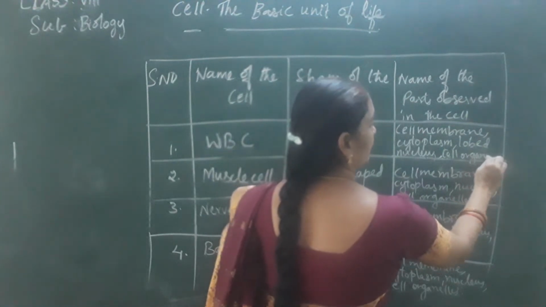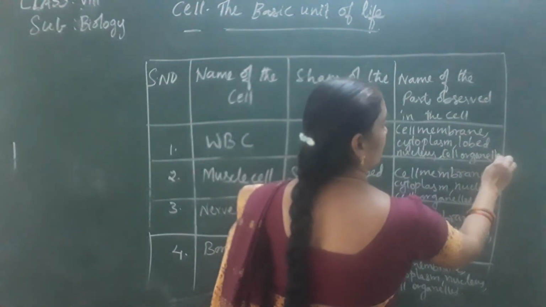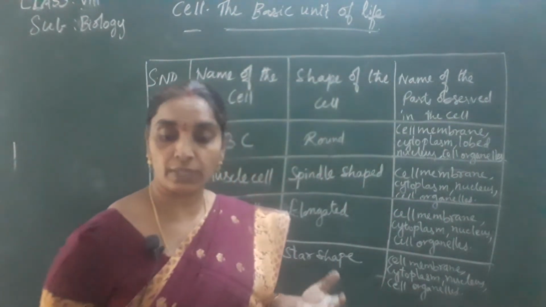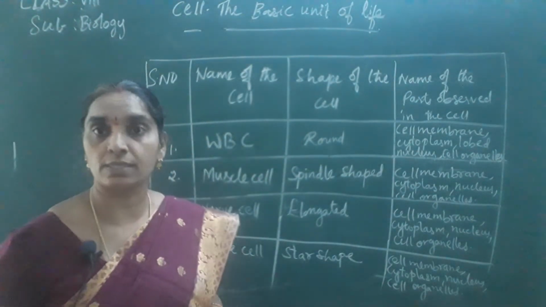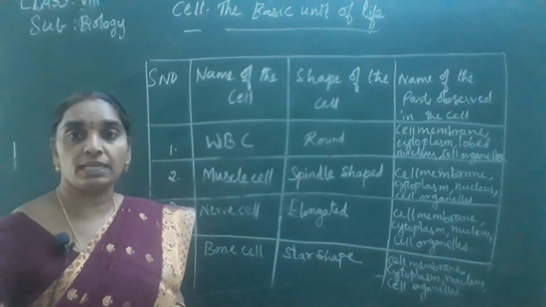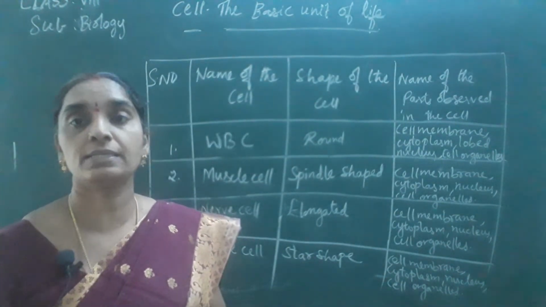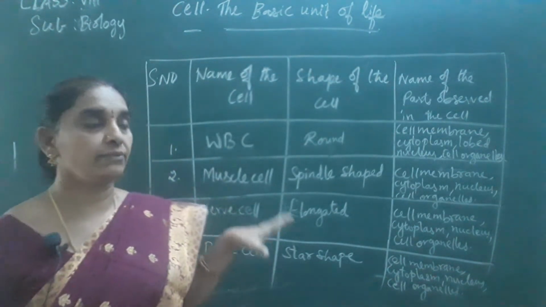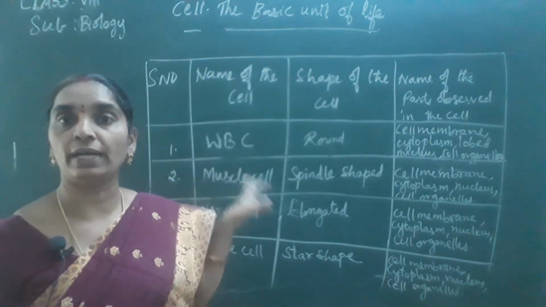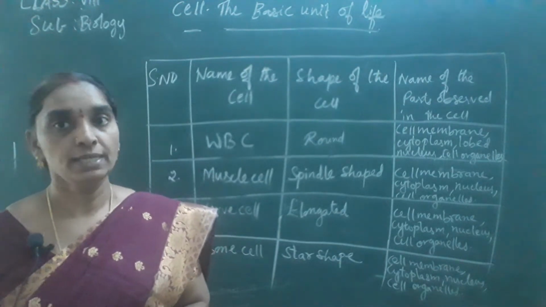White blood corpuscles are necessary to fight against the disease causing germs in our body. Is it clear? They are very important for our body to fight against disease causing germs.